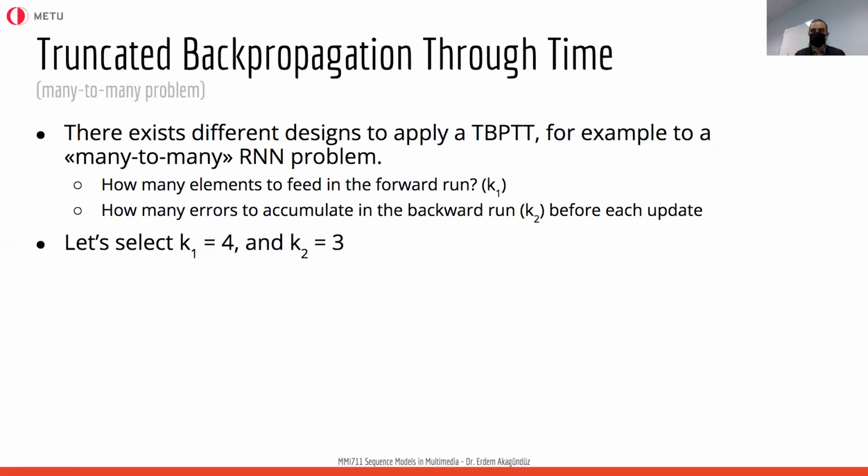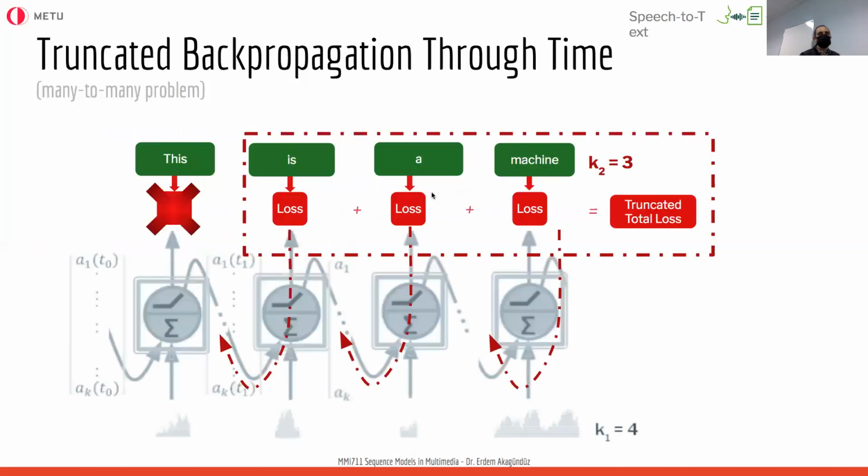During training, we have to do a forward pass, then the backward pass. The truncation numbers for the forward pass and the backward pass may also change, which may make sense for different types of problems. So truncated backpropagation through time is a highly handcrafted design for training recurrent neural networks. How many elements to feed in the forward run, how many to use in the backward run: these are design choices.